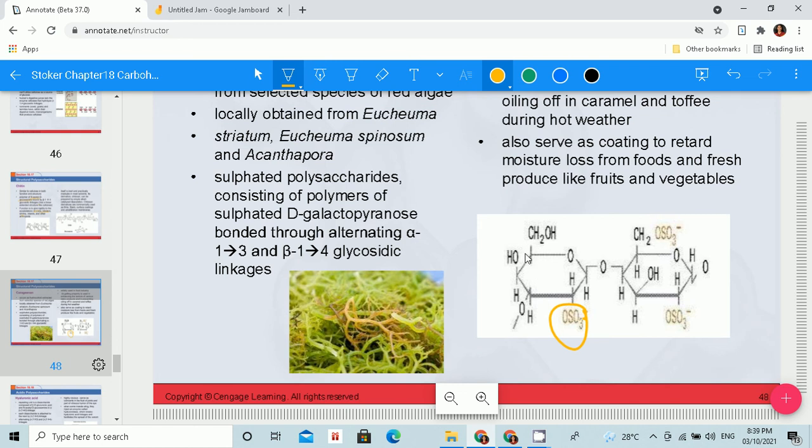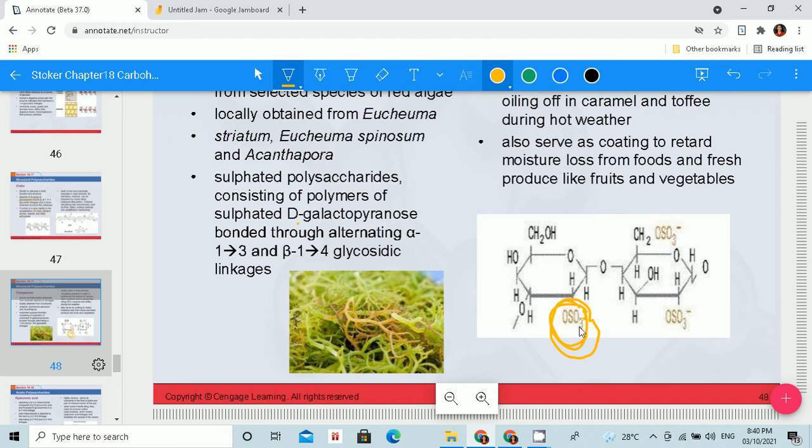That's why it's galactopyranose. And here it reacts with our sulfate, our sulfuric acid, and then it attacks our carbon 2.